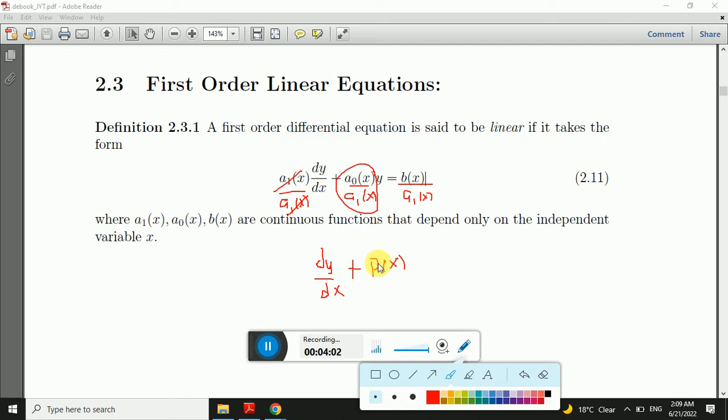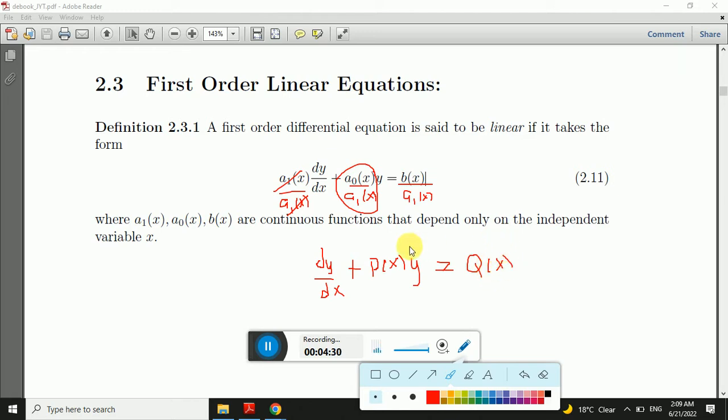So I'm just calling that function capital P of x, y, equaling to b of x divided by a1 of x. Still, these two are both functions of x, so you can decide to say that, okay, after dividing them, suppose we get something like q of x.